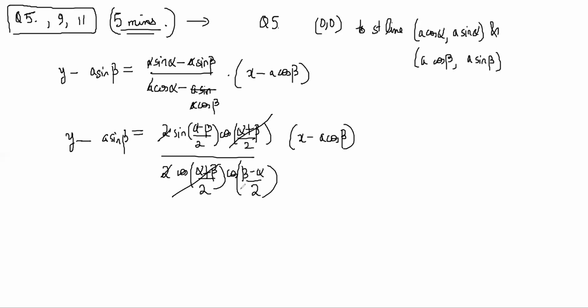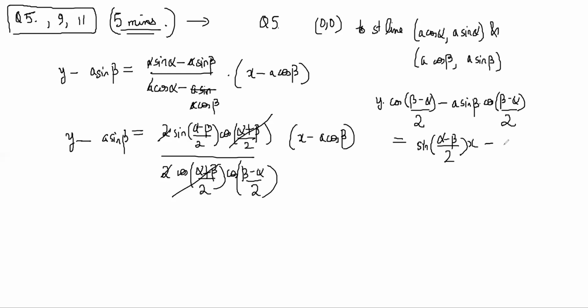So when you multiply now, y into cos beta minus alpha by 2, minus a sin beta cos beta minus alpha by 2, is equal to sin alpha minus beta by 2 into x minus a cos beta sin alpha minus beta by 2, right? This is my equation.